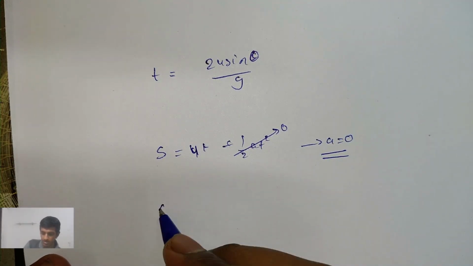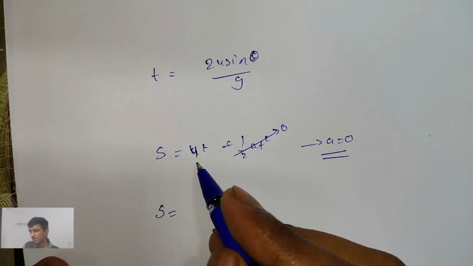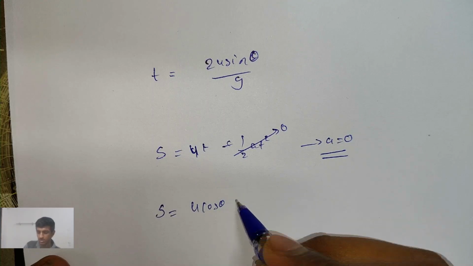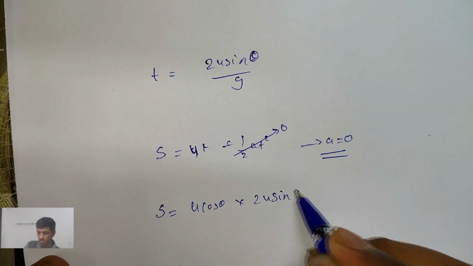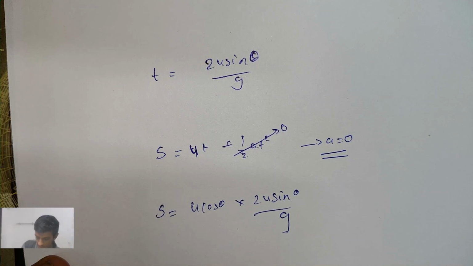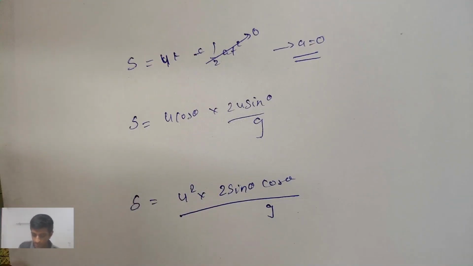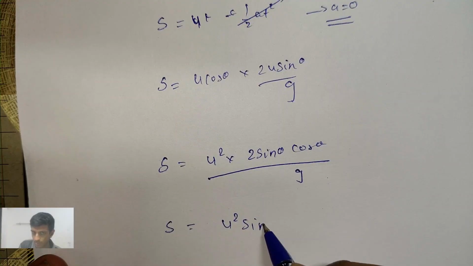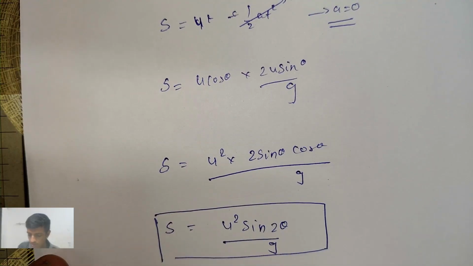So s is equal to u cos theta here into 2u sine theta by g from here. Now s equals u square into 2 sine theta cos theta by g, which can be written as s equals u square sine 2 theta by g. This is the horizontal range.